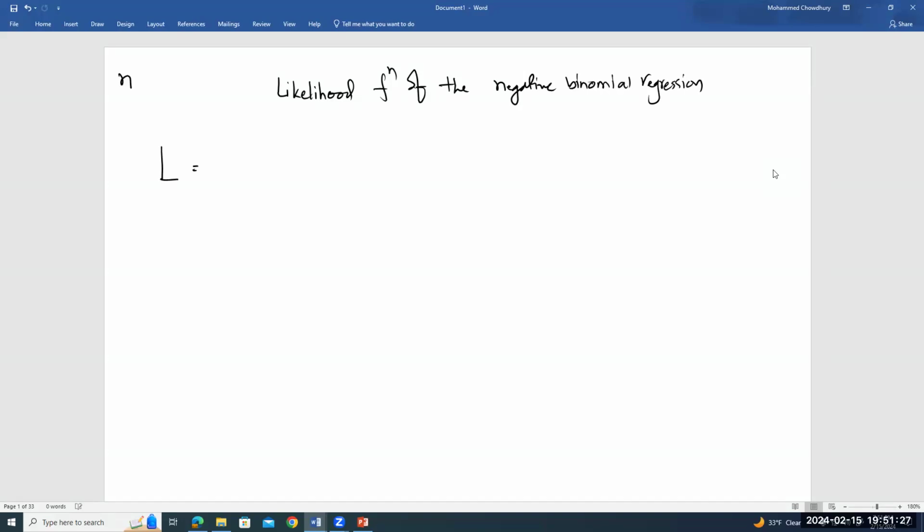Factorial n could be written as gamma of n plus 1. So gamma 10 equals factorial 9.